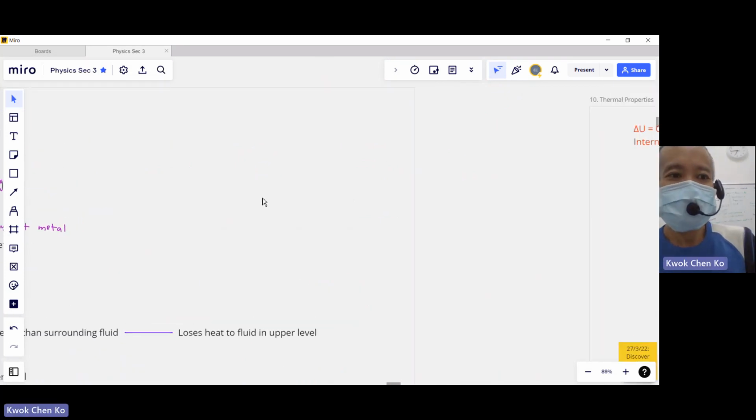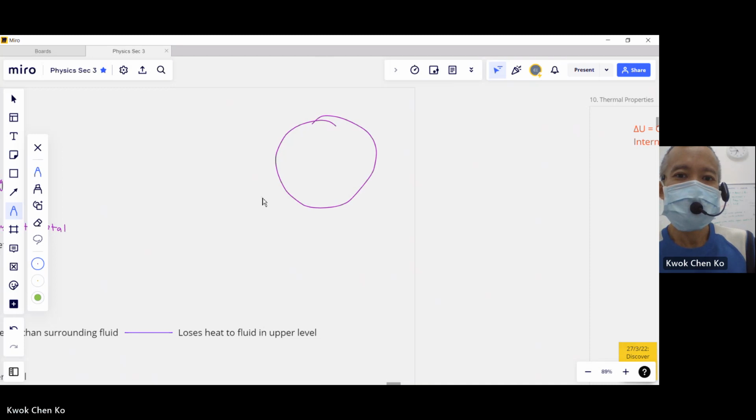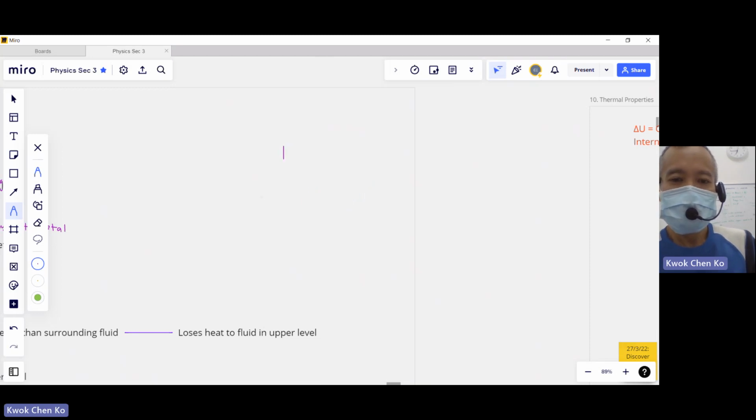Imagine I have this system. Okay, it's a solid. No, this is not a very good example. Let me redraw that. So I have a solid. Hot, cold.